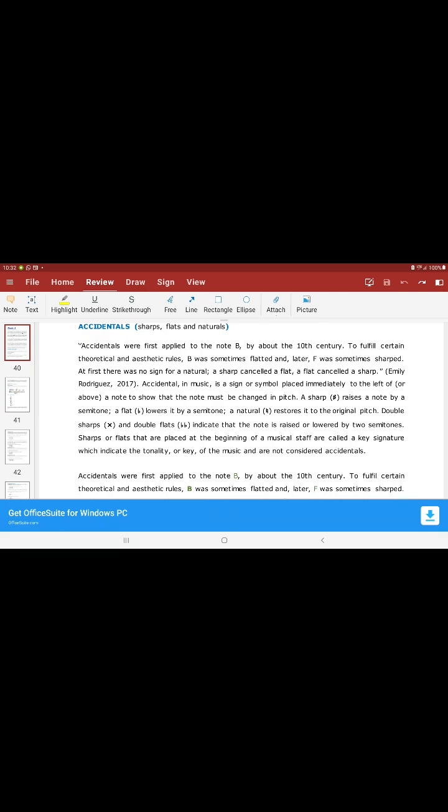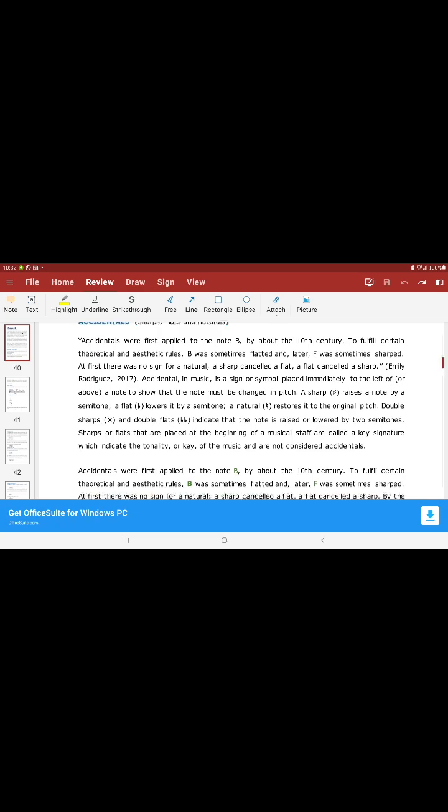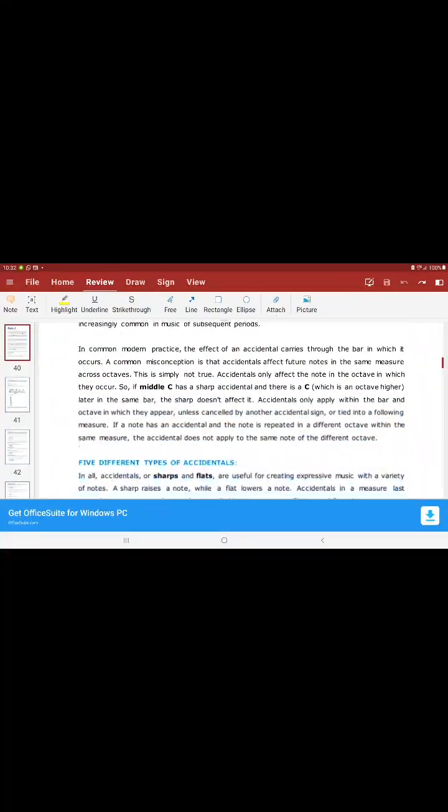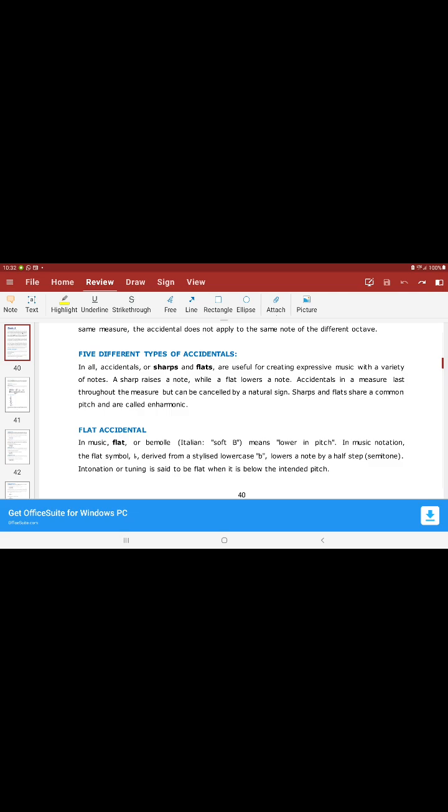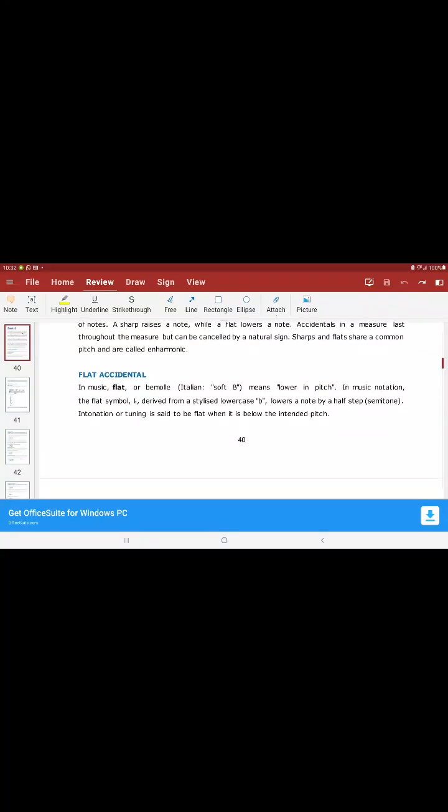We have different types of accidentals. We have the sharp, we have the flat, we have the natural. Let's take them one by one. The flat. Remember when I told you about the keyboard, we were talking about the semitone as the shortest distance between two adjacent keys on the keyboard.